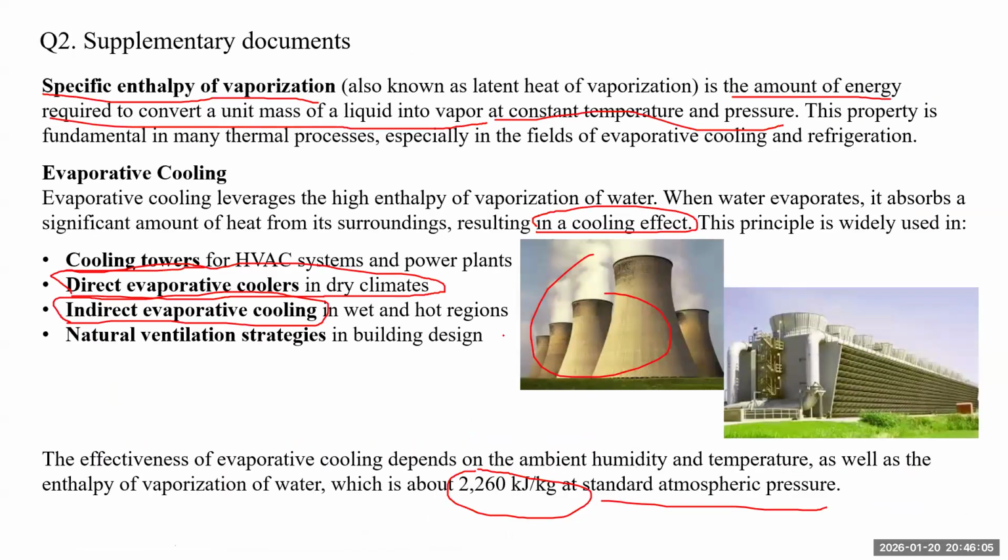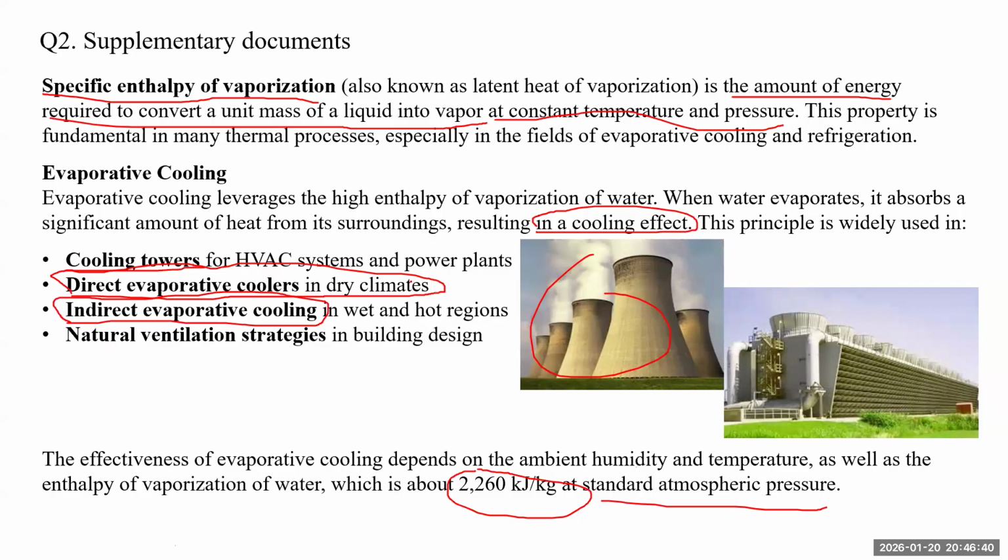Indirect means there is no direct contact between the hot air and the water. Direct evaporative cooling is with direct contact. And in the future, maybe you can also make use of the cooling and heating power from the water. And sure, there are other applications.